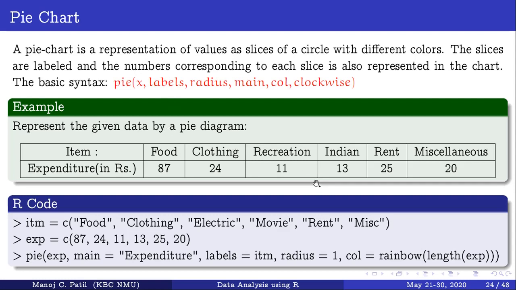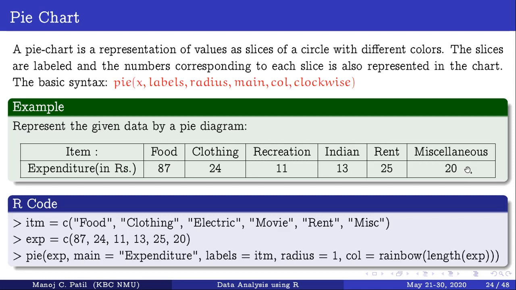Let's take this example. Represent the following data by pie diagram. Here is the list of items: food, clothing, recreation, rent and miscellaneous. Expenditure 87, 24, 11, 13, 25. So now we have to find out how much we have spent on food and clothing, their proportion.